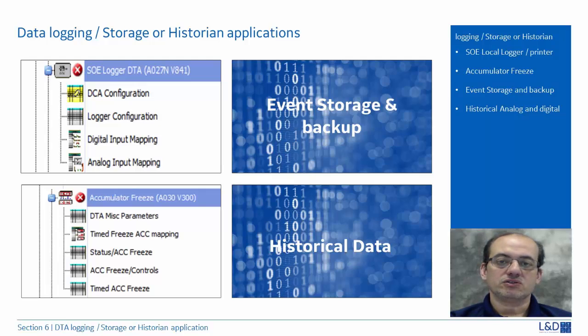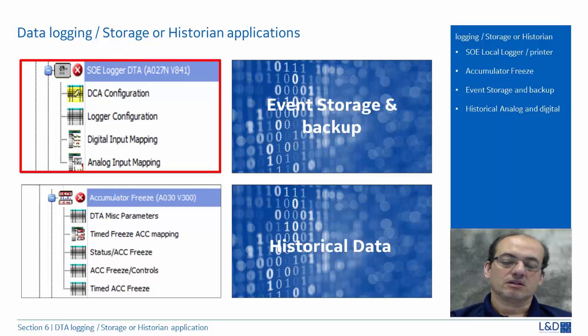And change of state with time, which means you can put it in sequence, so every change of state that takes place is logged into a historical database and event database. You can look at it, and then you can put the events and sort them by time. That's a sequence of events, so it's referred to as SOE.